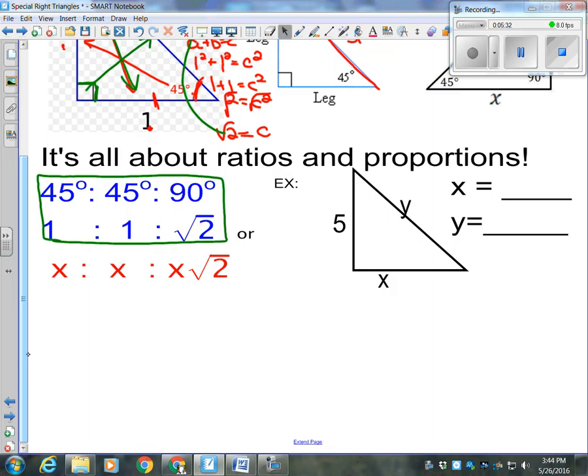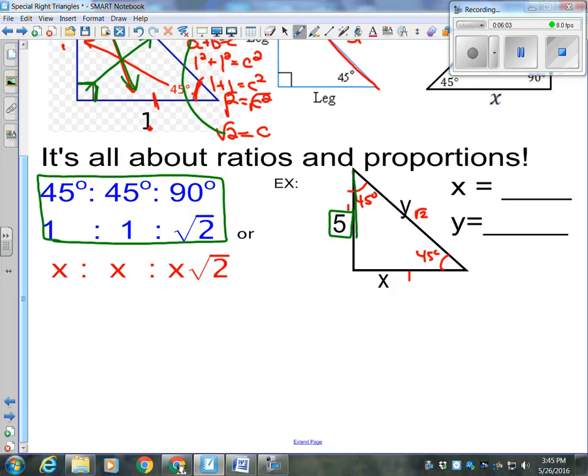When you change a triangle and you just make it larger, but you keep the same shape, the sides are still in proportion. So that means I still would have my 45, 45. So if this is 45 and this is 45, in my original triangle it was 1 unit, and square root of 2 units. Apparently what I've done here is I have enlarged the triangle, and I now have a side that's 5 units long. In other words, I have made the triangle 5 times larger.